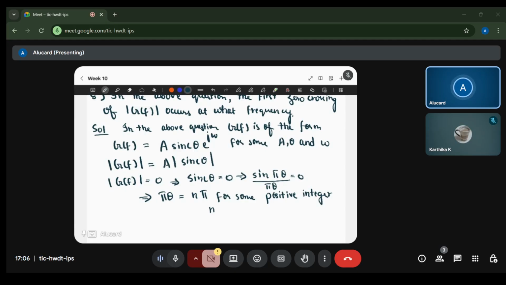So you have to find out at what value the argument of the sinc function becomes an integer multiple of pi, and at that point the sine function is 0. Sine is 0 at all integer multiples of pi. And the first one among those points is the first zero crossing.